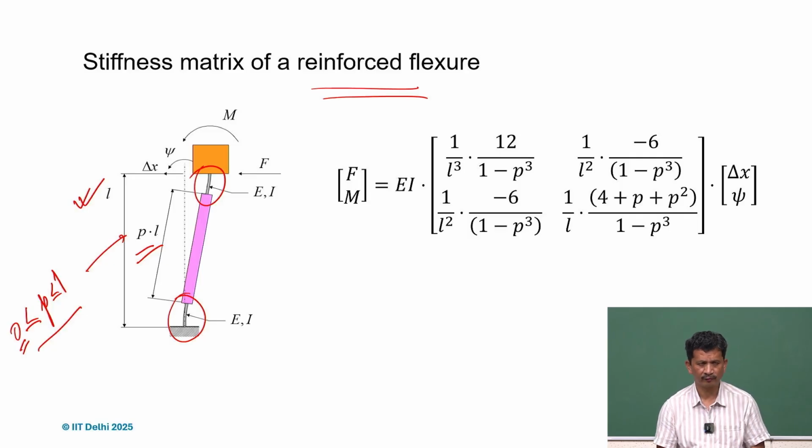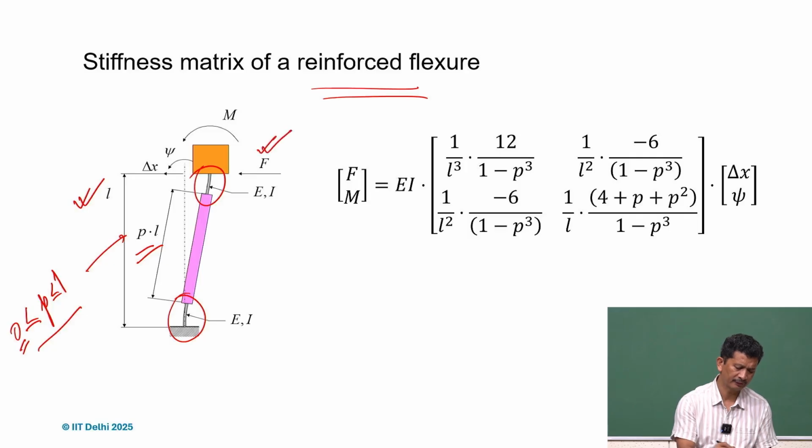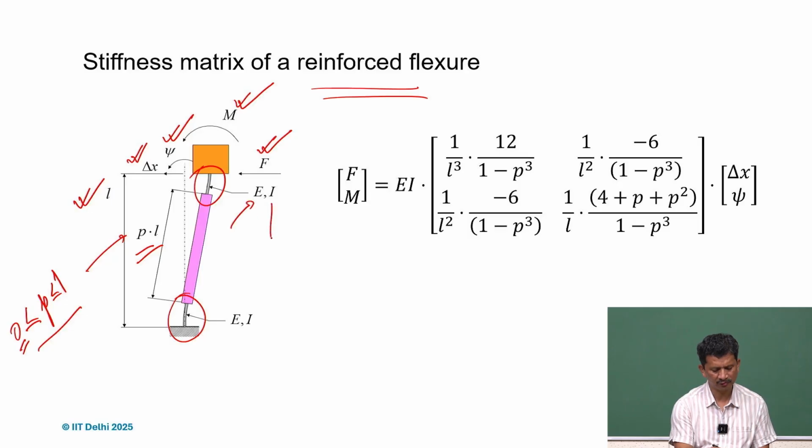So for the time being, for this kind of analysis, we can assume that the section is rigid. If we apply a force F and moment M, we'll have deflections delta x and psi.